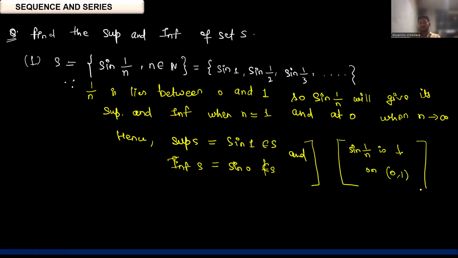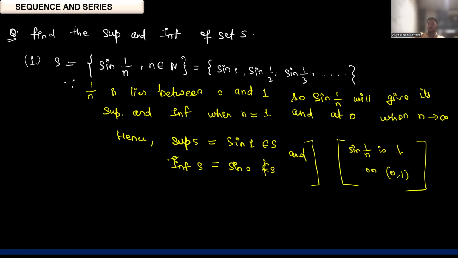So these are the two pieces of information when you have a value like 1 by n, where n belongs to natural numbers. So 1 by n lies between 0 and 1.